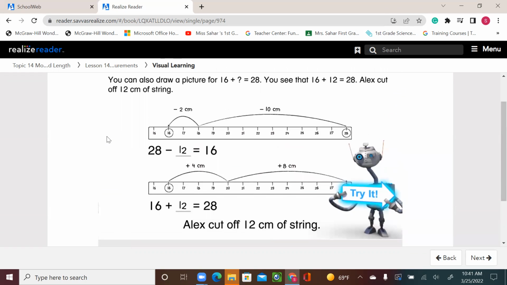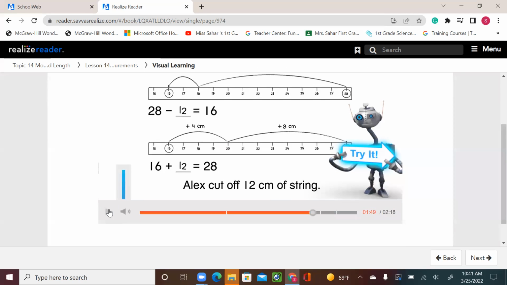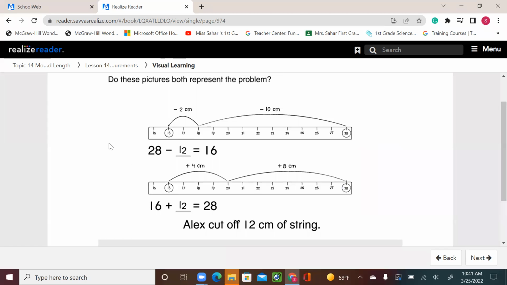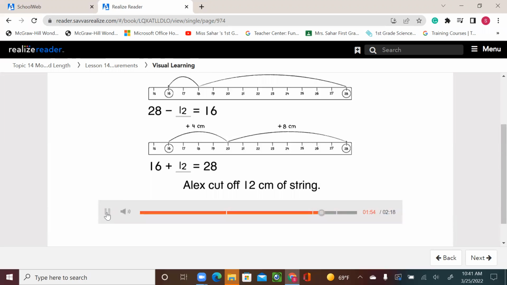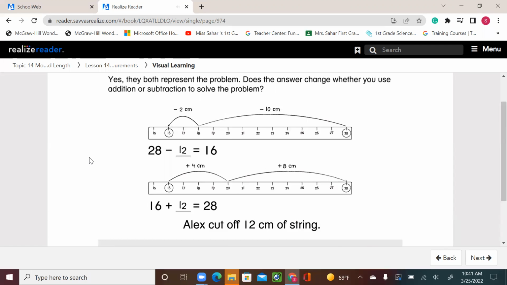So as we see, our answer is the same if we use subtraction or if we use addition, because in both ways we get the same answer. This is the part that Alex cut from his ribbon. Do these pictures both represent the problem? Yes, they both represent the problem.